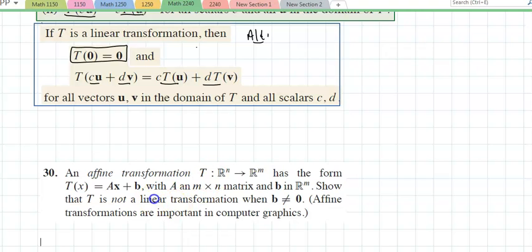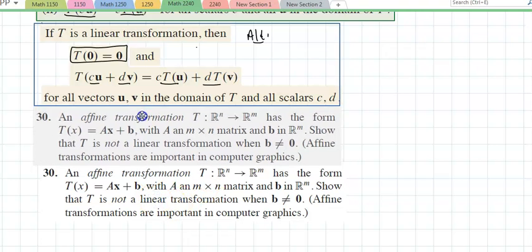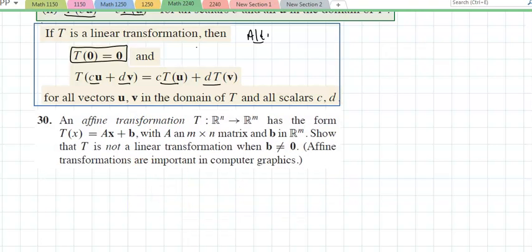And here's a problem, number 30, and it's asking: the affine transformation has the form T operating on x is actually matrix A times x plus the vector b.